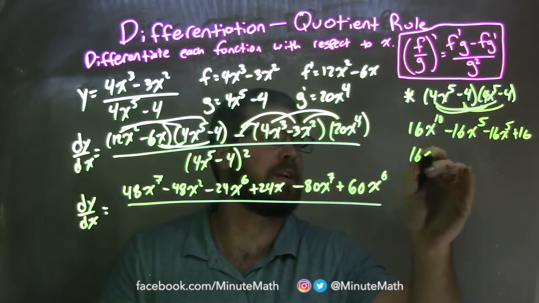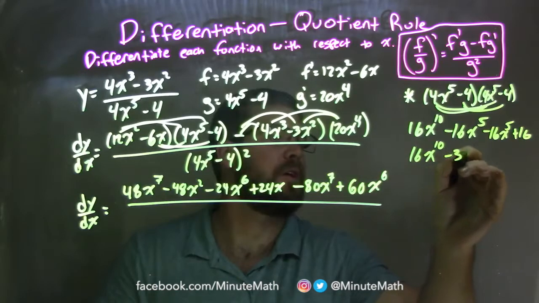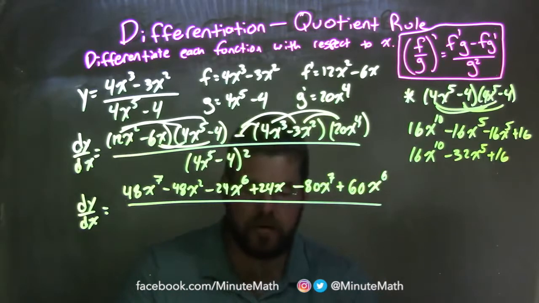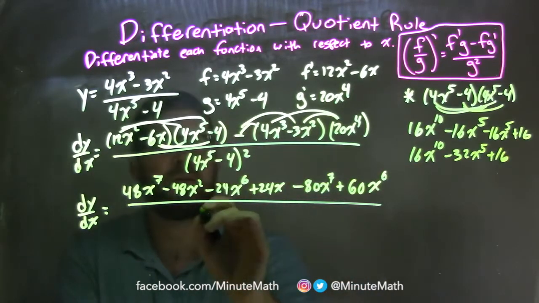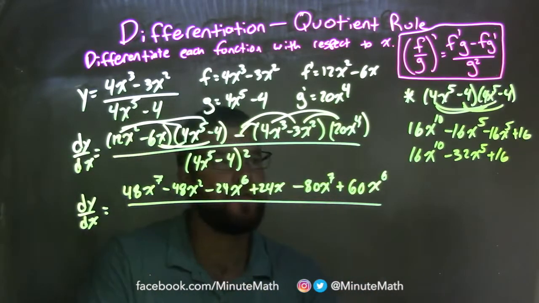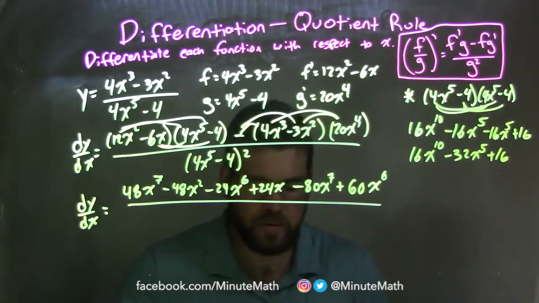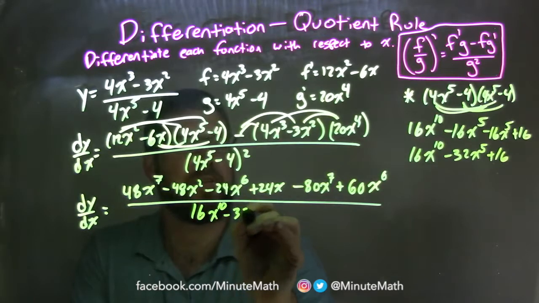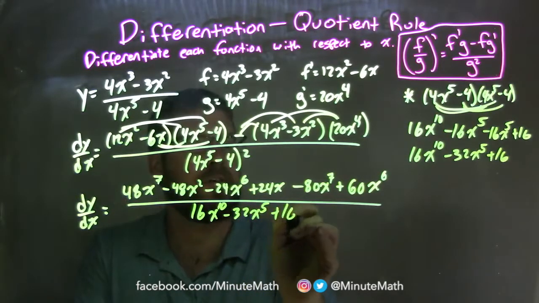Simplify that, we have 16x to the 10th minus 32x to the 5th plus 16. Okay, so I'm going to write that out here.